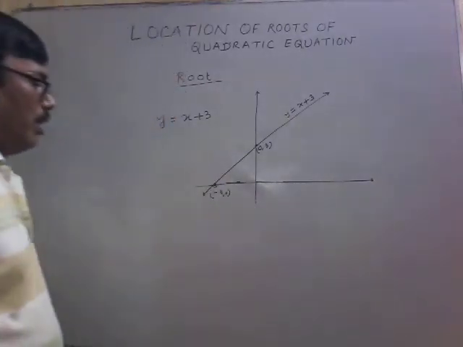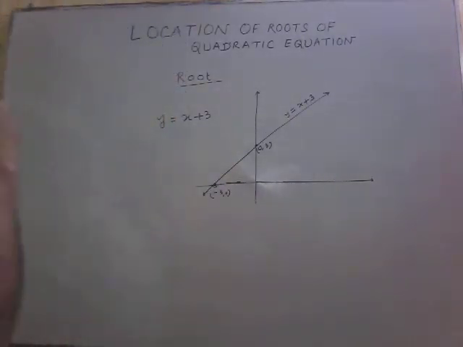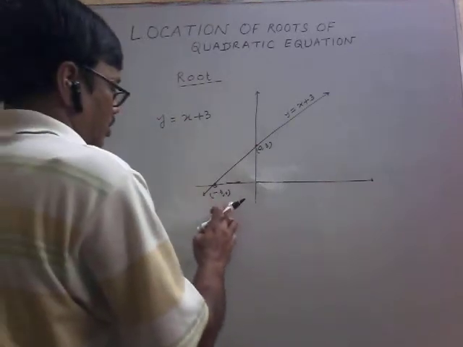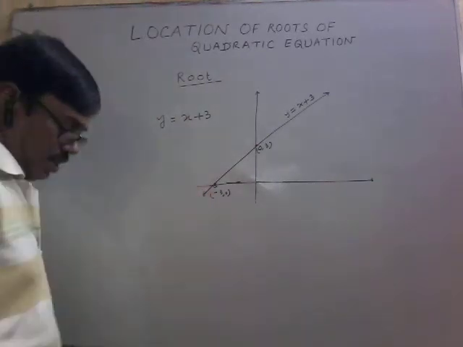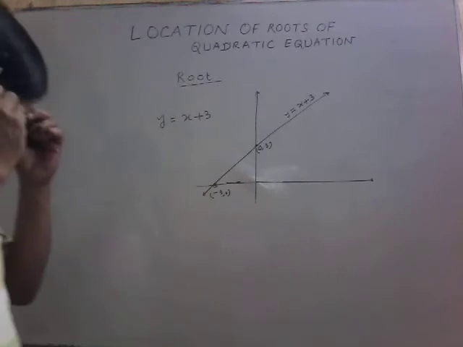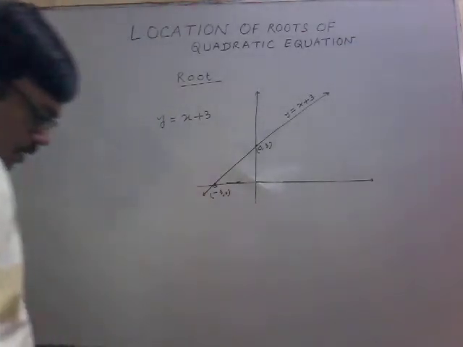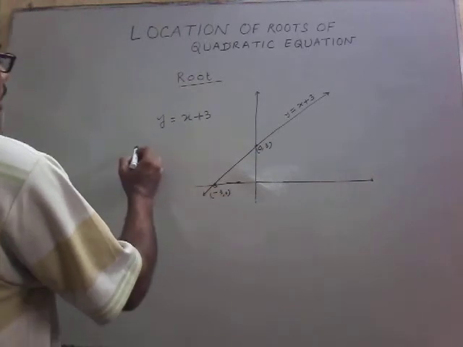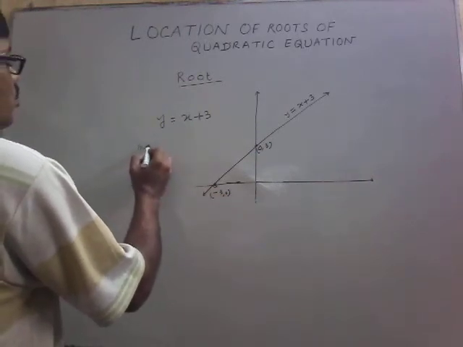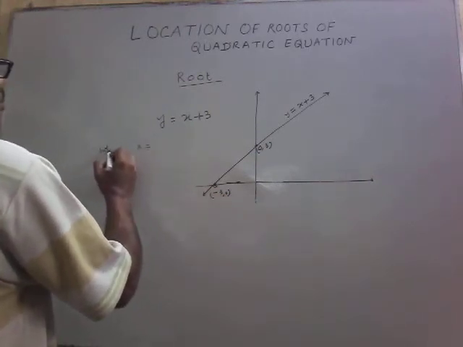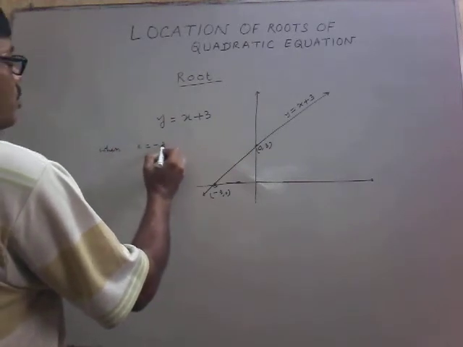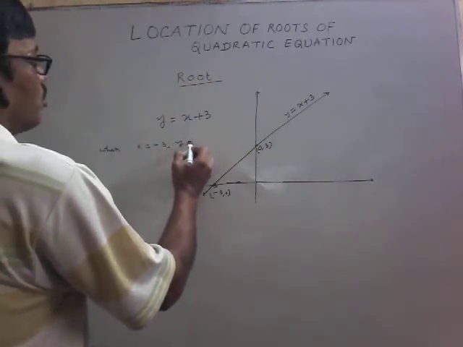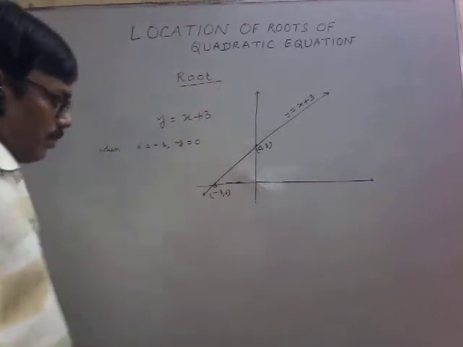Thus, we see from graph that when x equals minus 3, y equals 0.